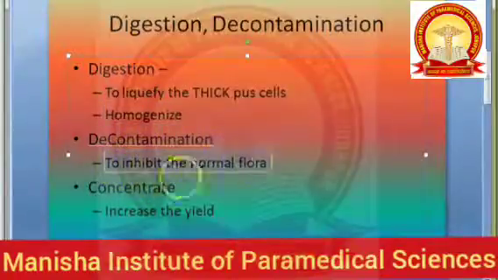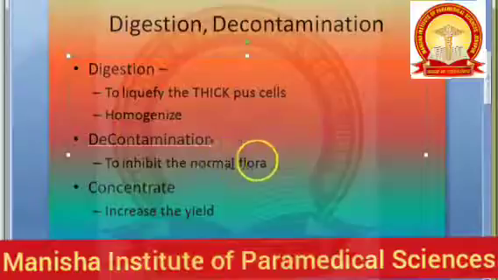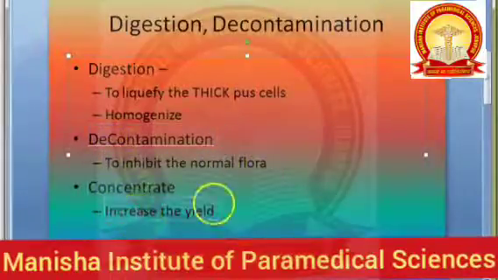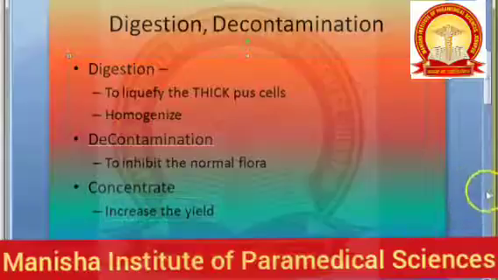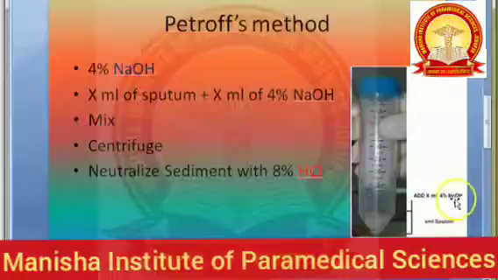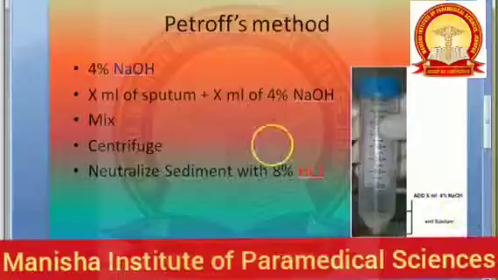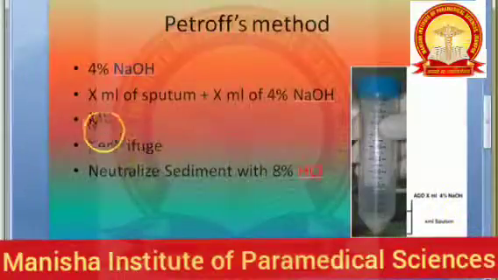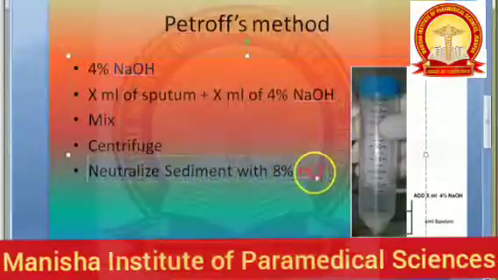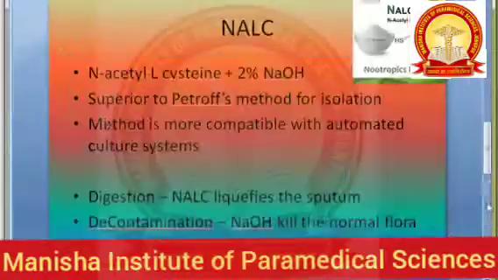Decontamination, we want to inhibit normal flora, but the tubercle bacilli should not die. Concentration, we want to increase the yield. Petrov's method, you will use equal volumes of 4% NaOH and the sputum. You will mix, centrifuge, take the sediment and neutralize it with 8% HCl, that is acid.